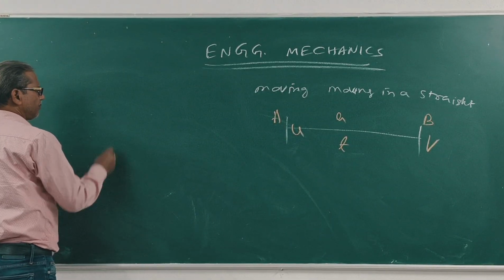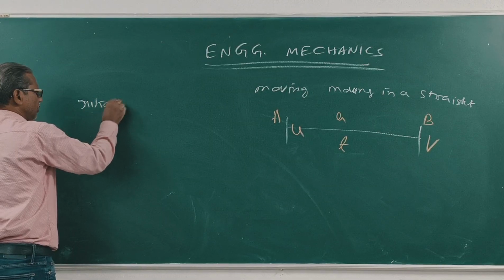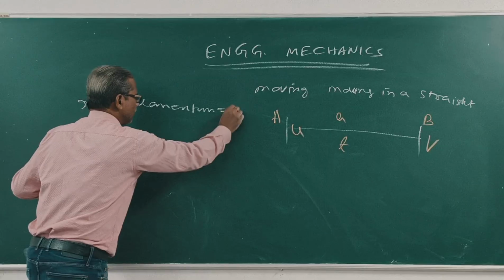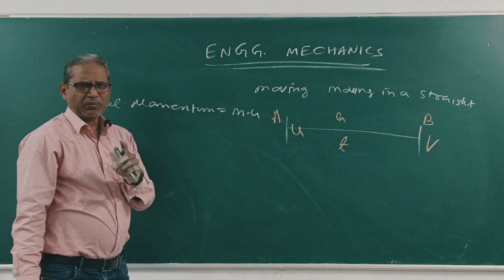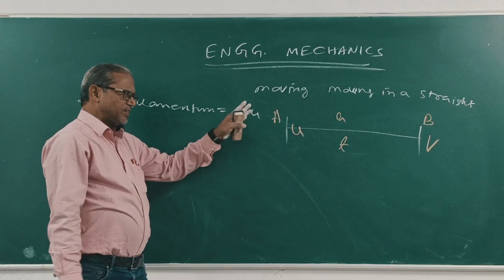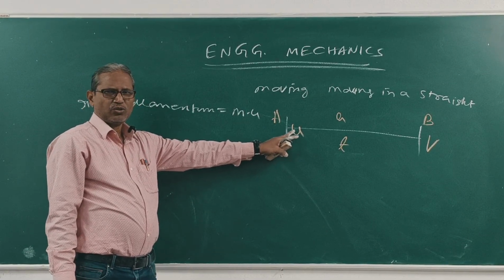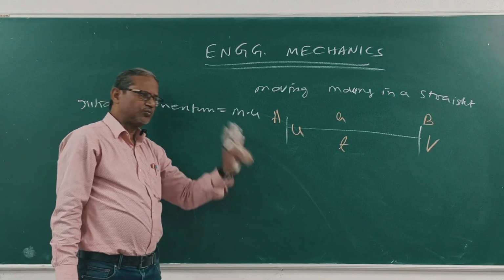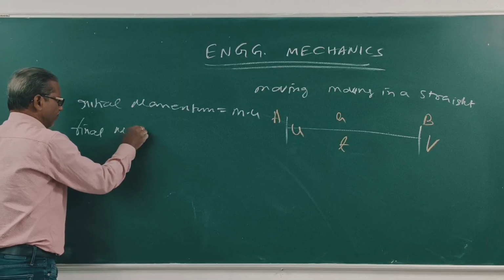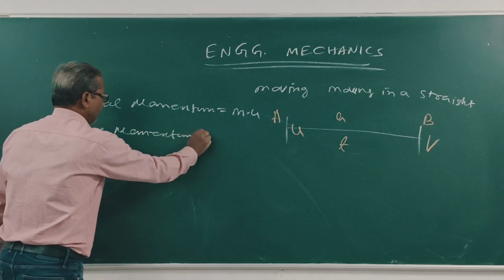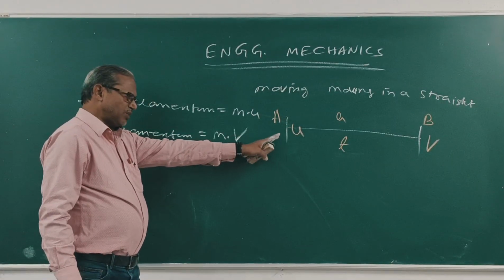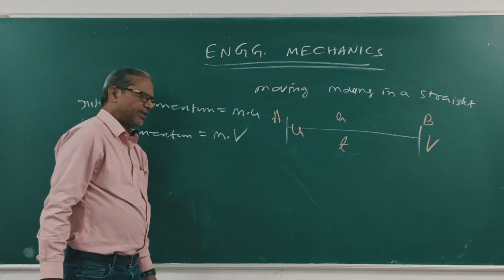Now, initial momentum is equal to m into u. What is momentum? Product of mass and its velocity. So mass remains constant, its initial velocity is u. What is the initial momentum? m into u. Similarly, final momentum is mass into final velocity v.